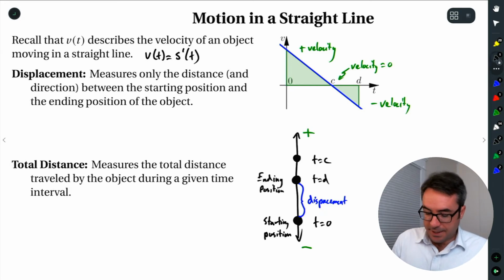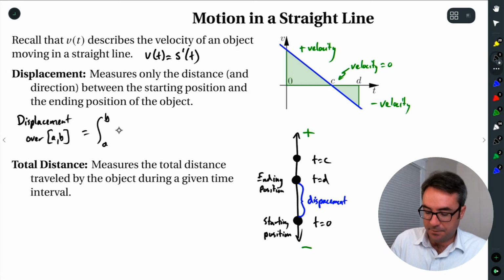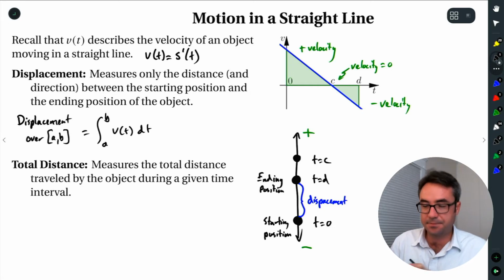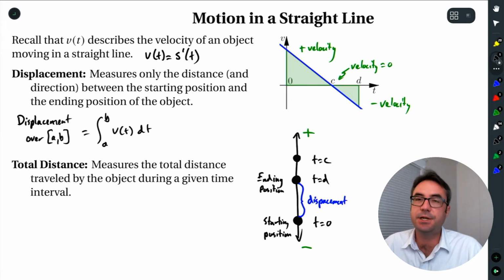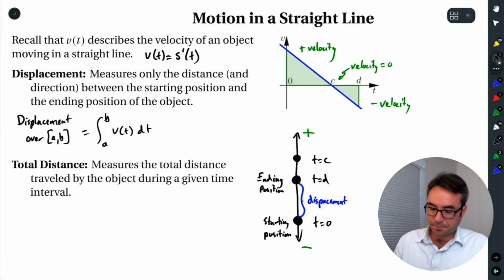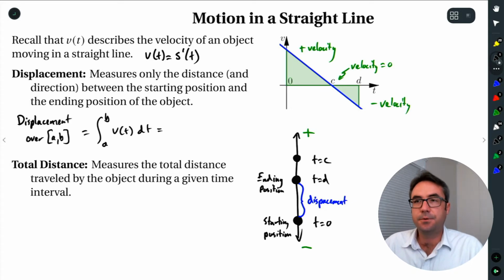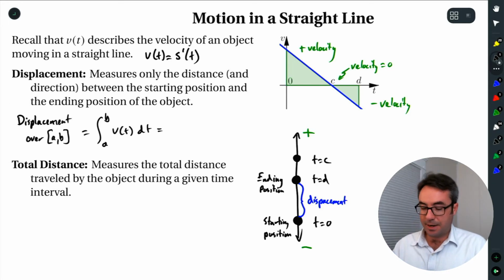How do we actually calculate displacement? The displacement over some time interval from a to b is just the definite integral from a to b of our velocity function. That's what we saw with the net change theorem. How could we interpret this based on these regions under the curve?